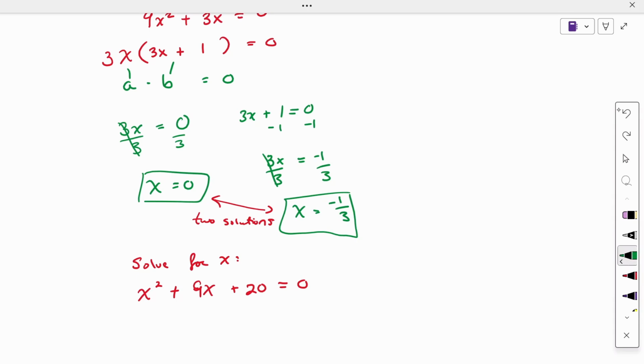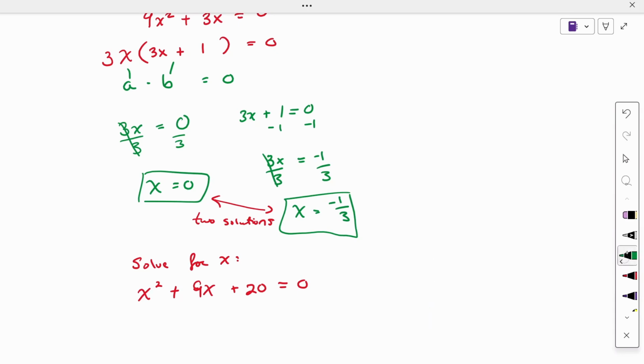Only in a few instances, specifically where there is a leading term in front of your x squared, might you factor using the GCF method first. In any other case, you're either going to use guess and check, or the factor by grouping technique, or the extended guess and check method to factor the trinomial expression. So in this instance, guess and check is probably going to work best.